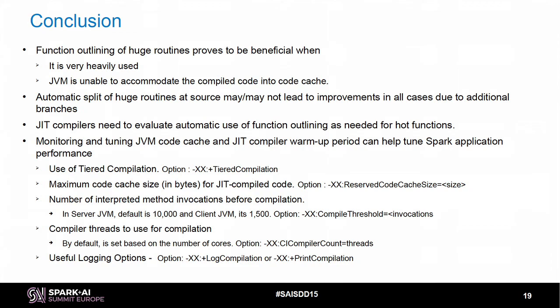We also observed that monitoring and tuning the JVM code cache and JIT compiler warm-up time is helpful for tuning Spark application performance. Some of the options that we found useful I am listing here. One is the use of tiered compilation mode, which is the default from Java 8 onwards. It is also possible to increase the code cache size.